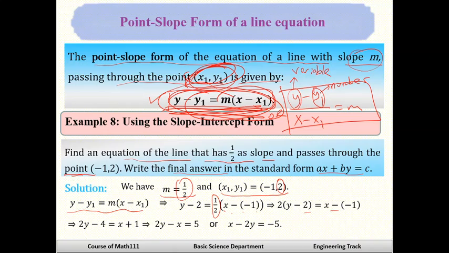And the next thing is you can send this one to here and send this one to the other side. You will end up with this. Or you can change their places, or you multiply both sides with minus 1. So you can get this one or this one.